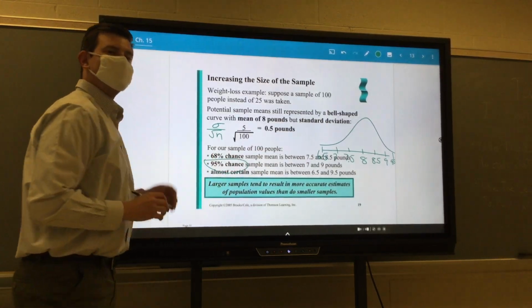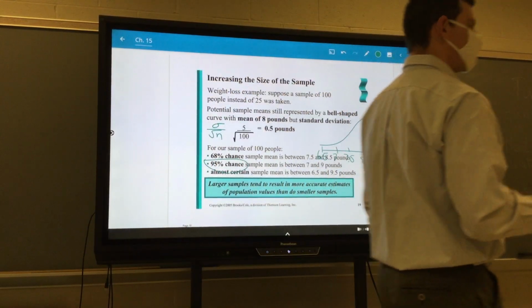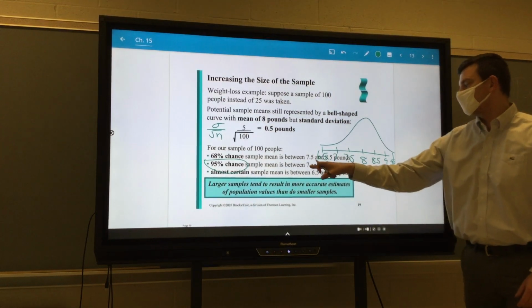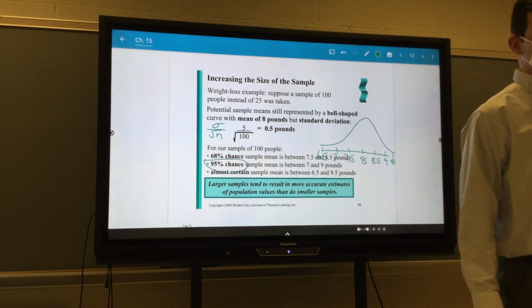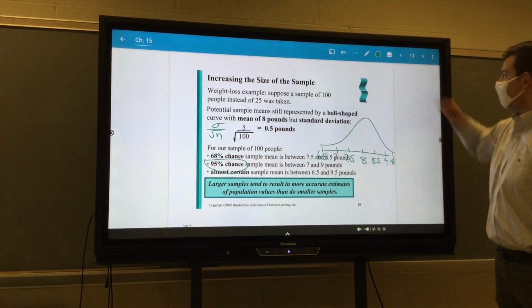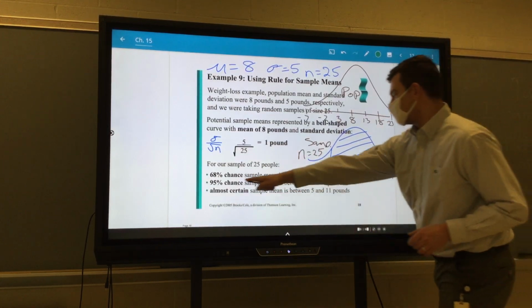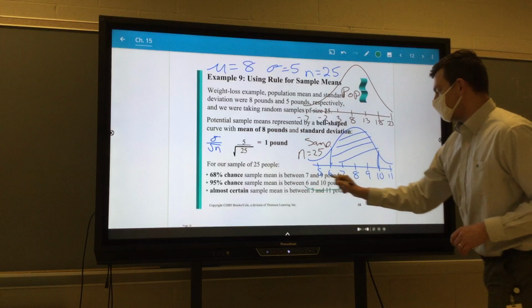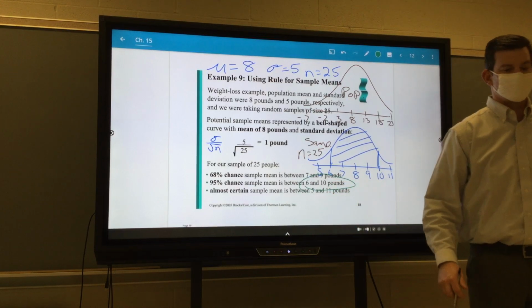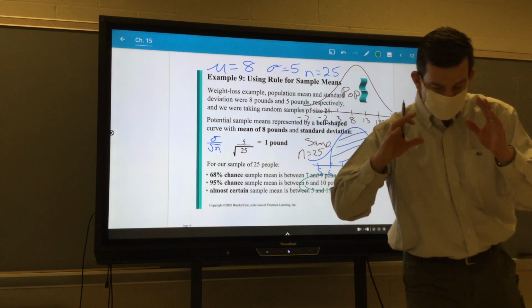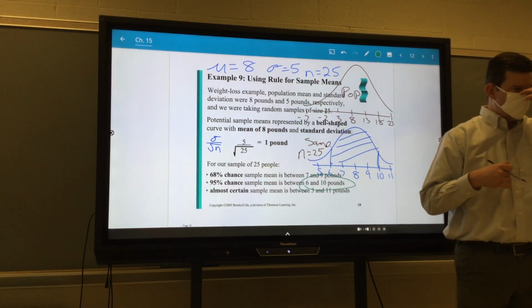Now we've got a 95% chance that our sample mean is going to be between 7 and 9 pounds. Previously, we were 95% sure that our mean was going to be between 6 and 10 pounds. Think about this. The bigger the sample size, the better.